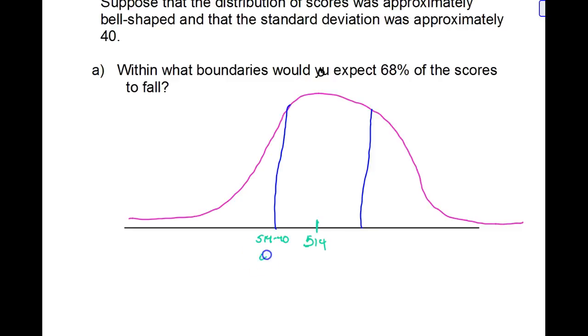When I do so, I will get 474. I'm going to do the same thing on the other side, except instead of subtracting, I'm going to add 40 to it. And I will get 554. So according to the empirical rule, 68% of the SAT scores for mathematics will fall between 474 and 554.